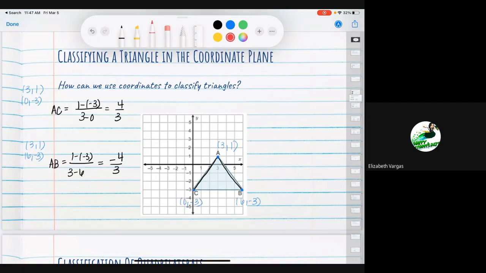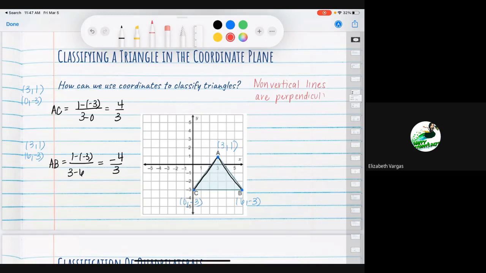So in order for something to be considered a right triangle, the non-vertical lines, so those that don't run directly up and down, right? They do kind of run up and down at a slope, but they don't run directly up and down. So those two non-vertical lines are perpendicular, so they intersect at a right angle.